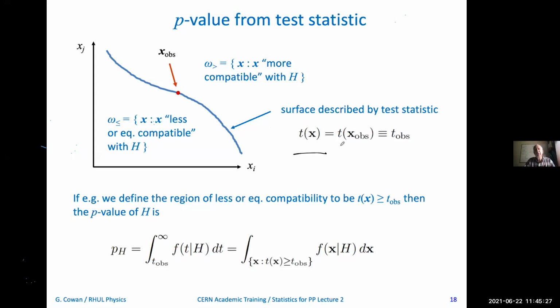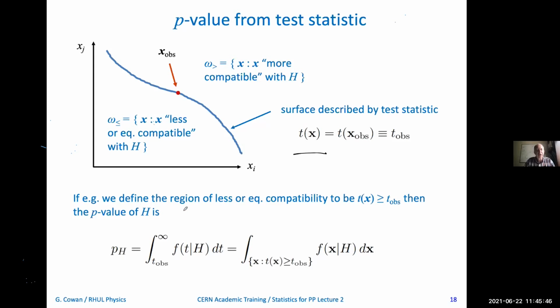So if I evaluate that scalar function at the observed point, whatever constant value that is, I'll call that t observed. That gives me the constant. So t of x equals t observed. That is the mathematical equation that describes this boundary.